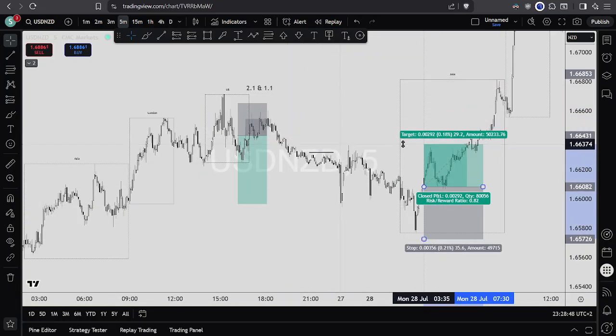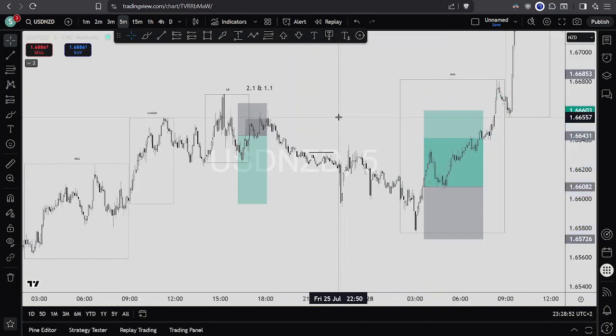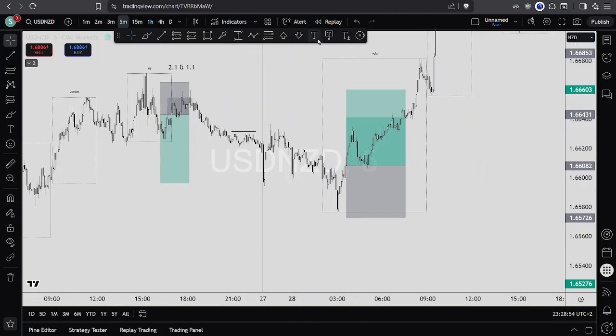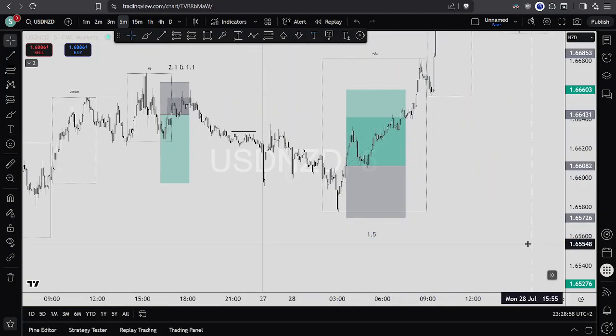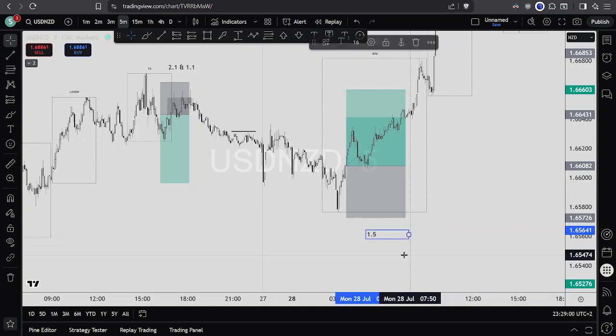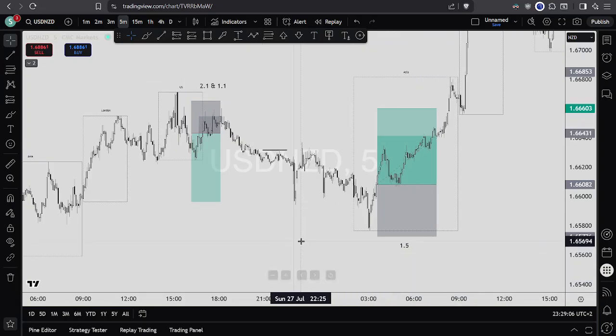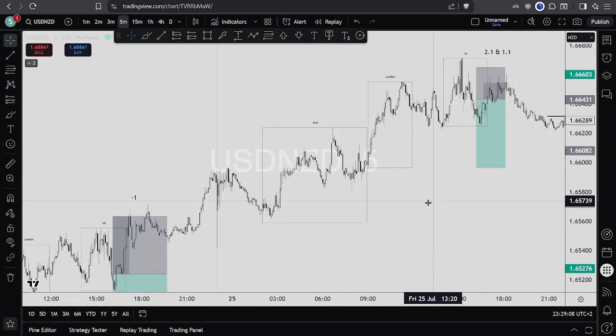Where's the session? Here. 0.8, no, that's not target. Here, 1.5. Right, so 3.8 and 1.5, so it's 4.8 and 5, so it's 5.3. So we added 5.3 and Asia here.